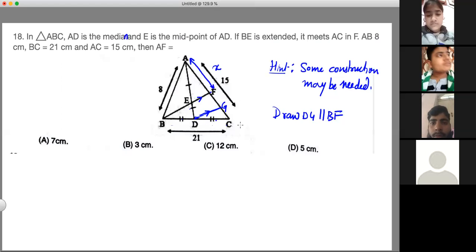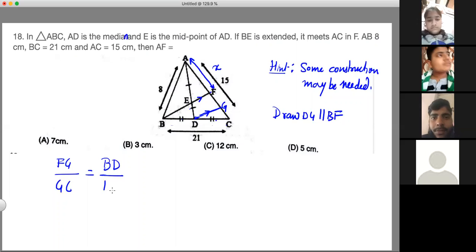FG by GC is equal to BD by DC, which is equal, right?